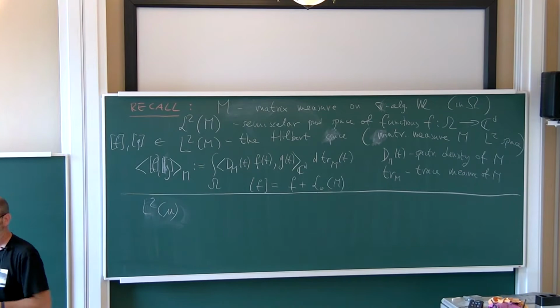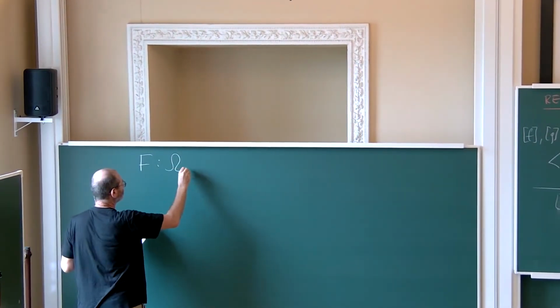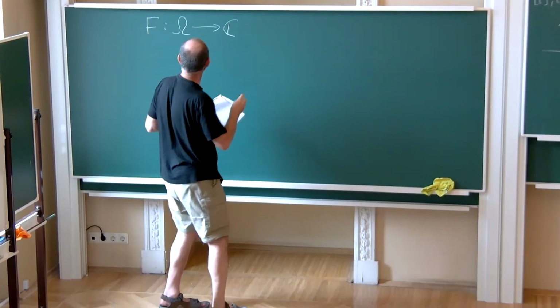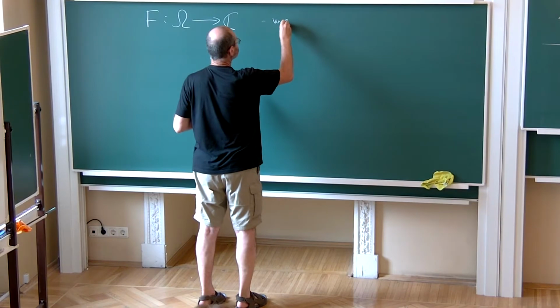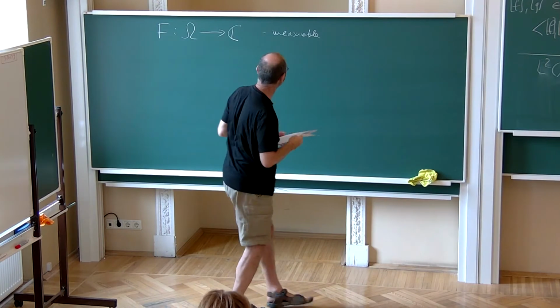So the definition would be very similar, and also the properties would be similar, which is quite convenient. So consider first a function F capital from omega to C, a scalar function, and measurable with respect to our sigma algebra.